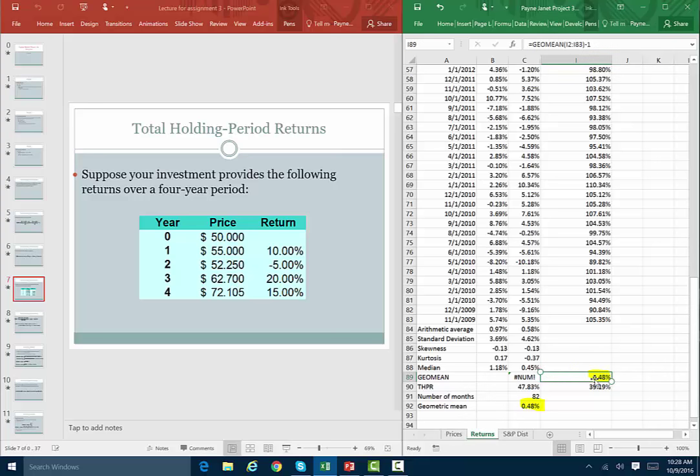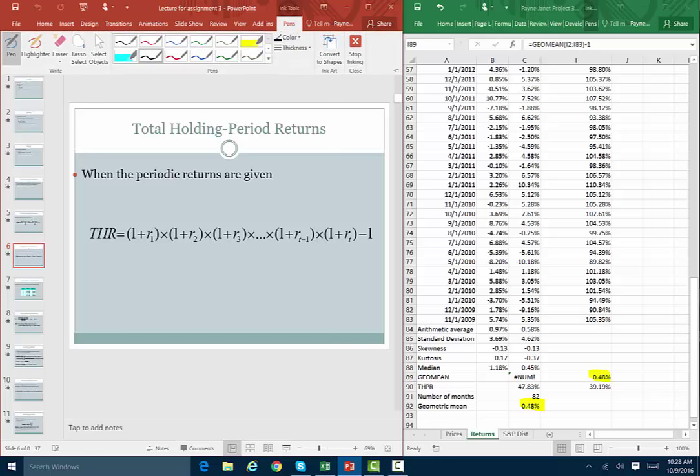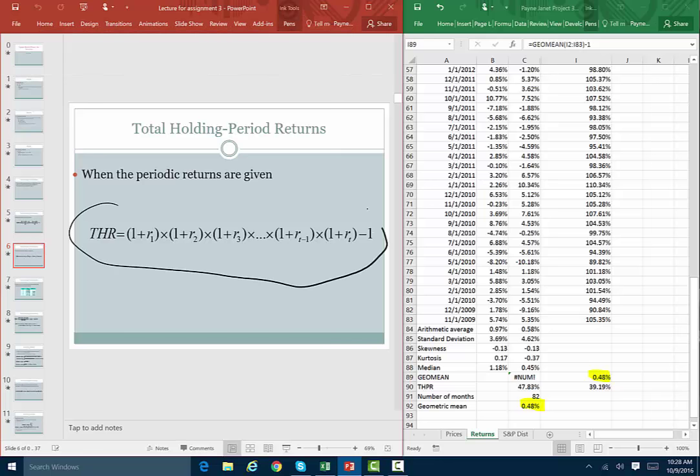When we take the geometric mean this way, we multiply all the 1 plus returns together, then take the nth root of that and subtract 1, and we've got the geometric mean.